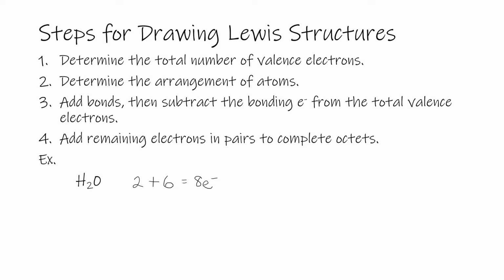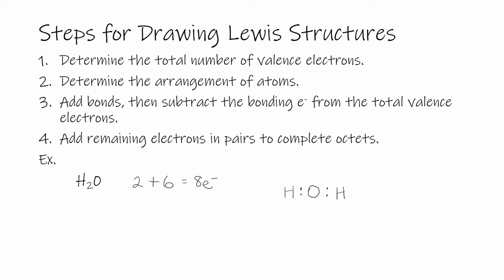Step 2, determine the arrangement of atoms. Oxygen is going to be our central atom, and we'll have hydrogen bonding to it. So I'll draw it like that. Step 3 is to add the bonds. So I'm going to draw a pair there between the oxygen and hydrogen on both sides.